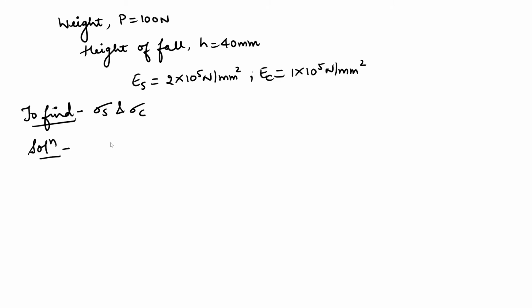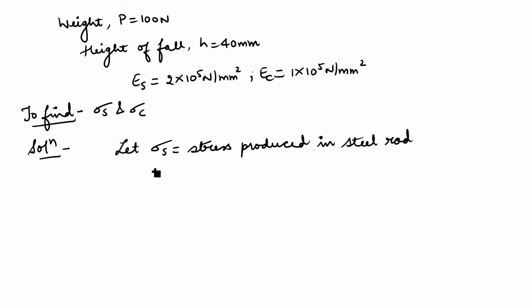Now let's start by first writing down that let sigma S be the stress produced in the steel tube or steel rod, whatever you say. And sigma C will be the stress produced in the copper rod.